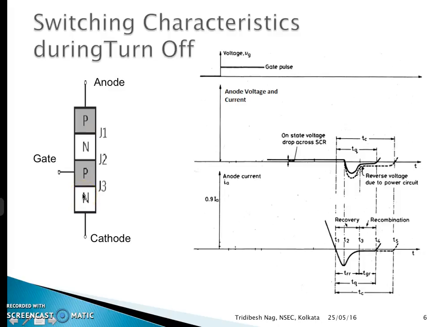At this instant T2, when about 60% of the stored charges are removed from the outer two layers, carrier density across J1 and J3 begins to decrease, and with this the reverse recovery current also starts decaying. You see, this reverse recovery current which was increasing in this direction after T2 has started decreasing.